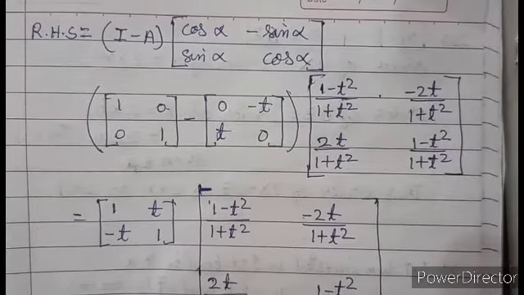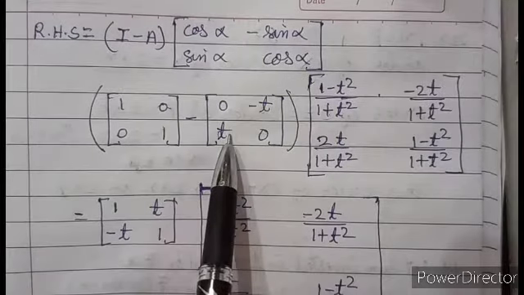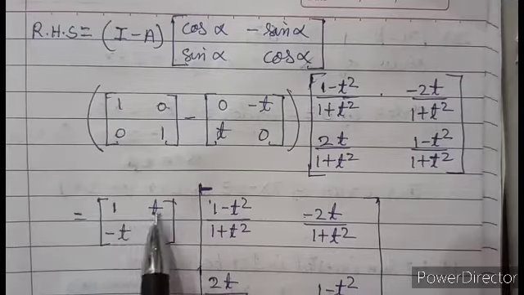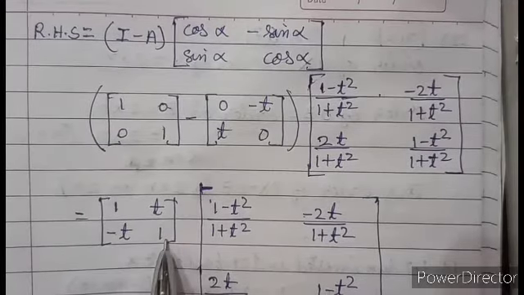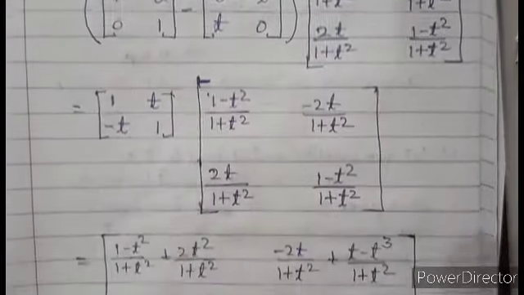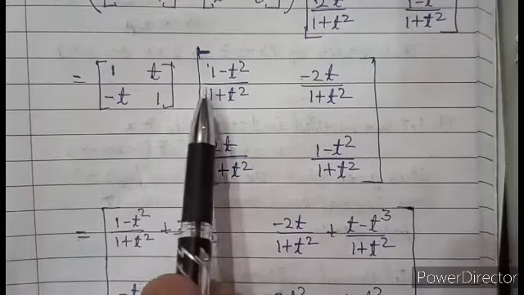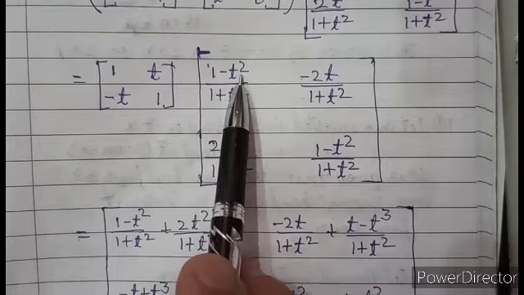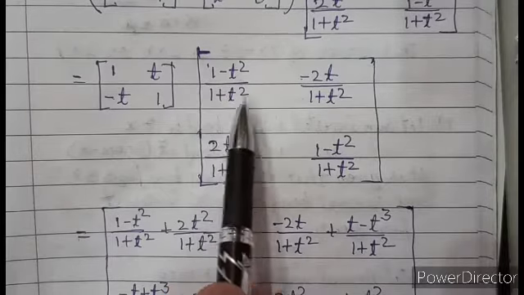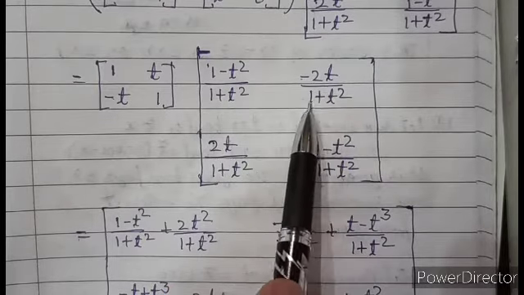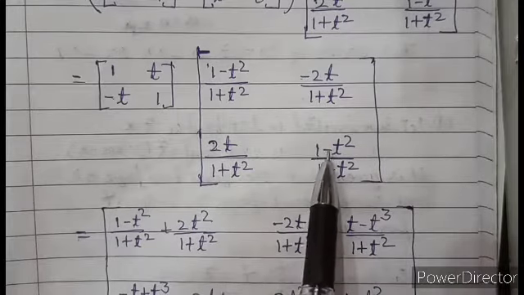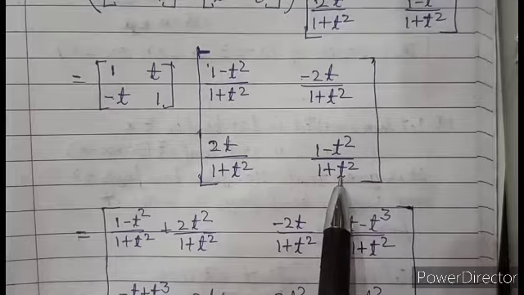Now, after solving I minus A, we are getting the matrix [1, t; minus t, 1]. Now we will multiply this matrix with the matrix having the elements 1 minus t square upon 1 plus t square, minus 2t upon 1 plus t square, 2t upon 1 plus t square, and 1 minus t square upon 1 plus t square.